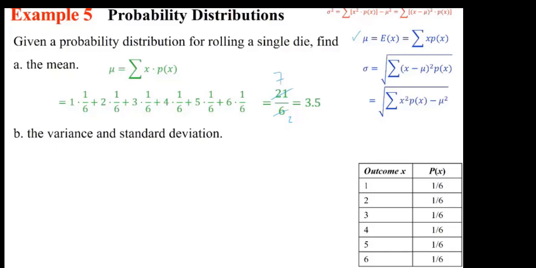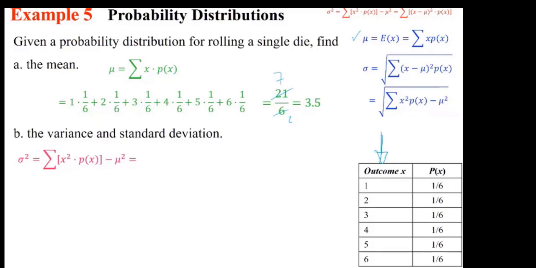For example, sigma squared is the summation of x squared times p of x, minus mu squared. So what does it mean? I want to make sure everybody can see that if we were looking at the table. X squared, that means if you look at the very first column, 1 squared becomes 1, 2 squared becomes 4, 3 squared is 9, 4 squared, and so on.